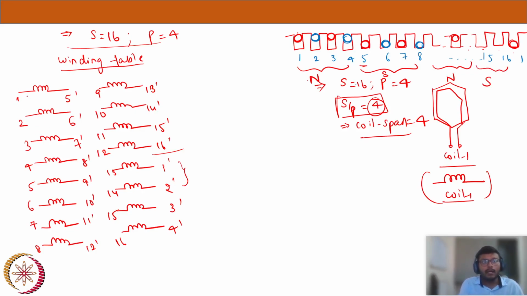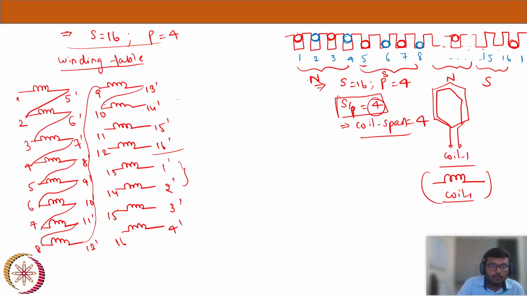Now, you're seeing 16 coils here. What I will do is connect all these coils in series, because that's how I'm going to get a voltage, right? I will connect these two, these two. I'm just doing a simple series connection. Now 12 will go to 9.